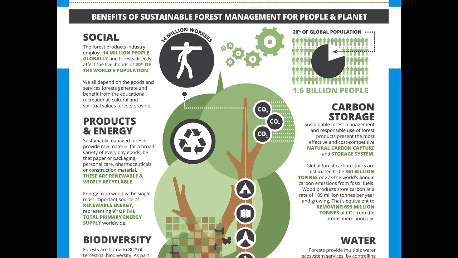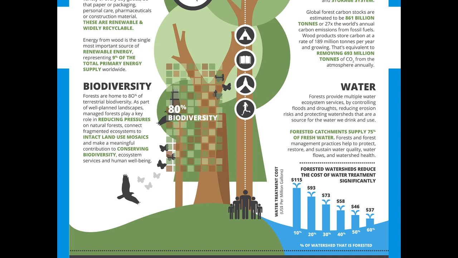There are products and energy that we can get, and forests store a lot of that carbon from our atmosphere. There are also biodiversity and water benefits because forests provide multiple water ecosystem services, allowing floods to be controlled, allowing for natural filtration, and protecting watersheds that are sources of water that we drink.